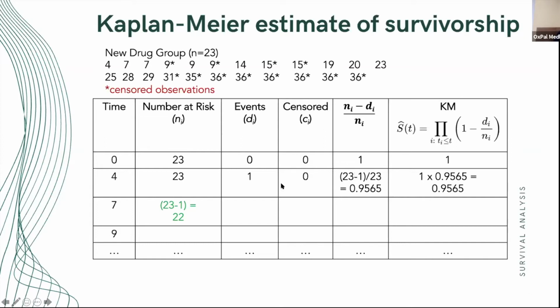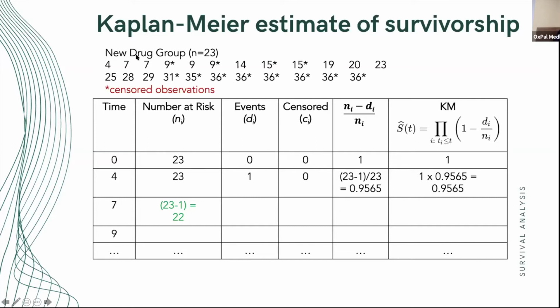So 23 minus 1, and we divide it by 23. And that comes up with 0.9565. And then we have 1 here from the row above. So this is the recalculation of that: 1 times 0.9565, so it's still the same.